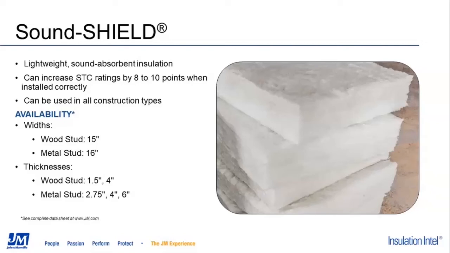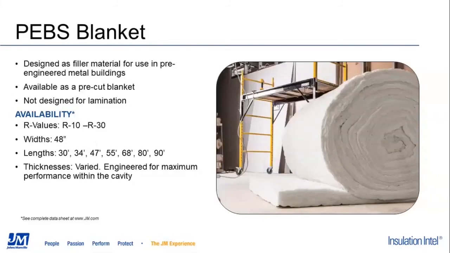Our next two products are specifically for metal building applications. We'll start off with our PEBS blanket. PEBS is a wide roll filler blanket, specifically again for metal building construction. This product is really designed for applications where the product does not need to be laminated with a facer.